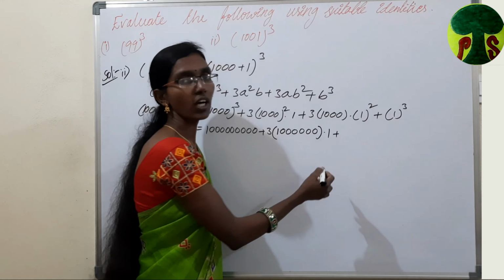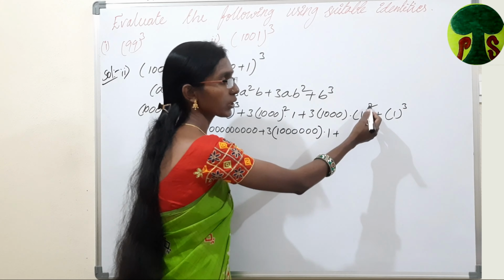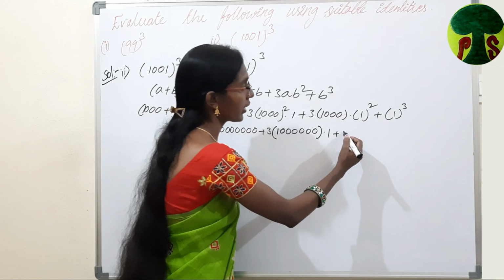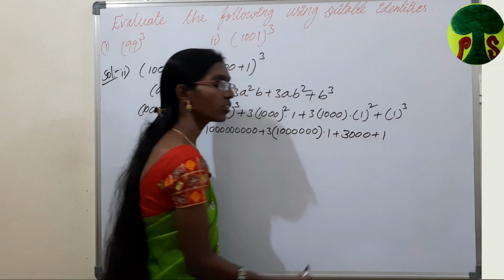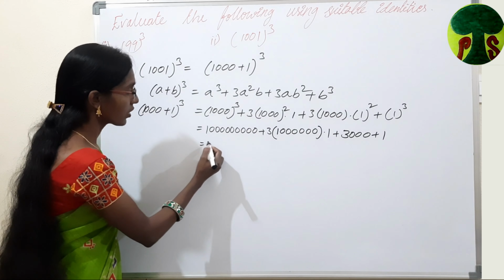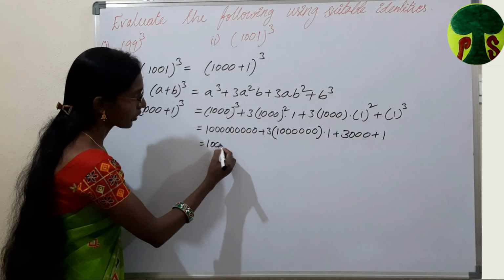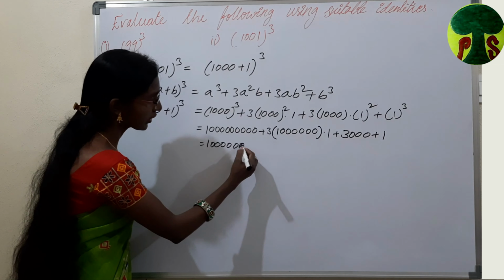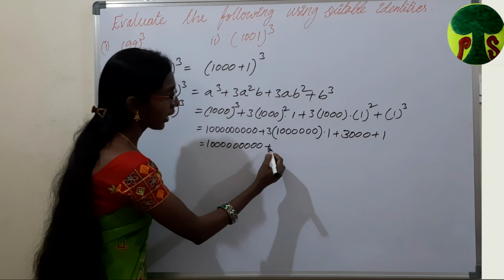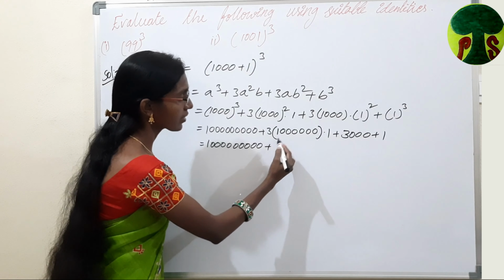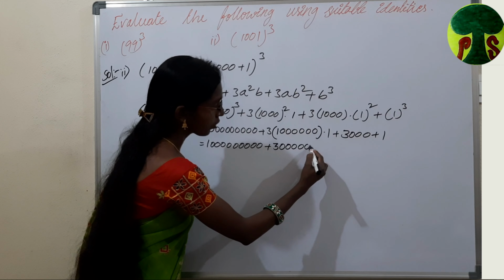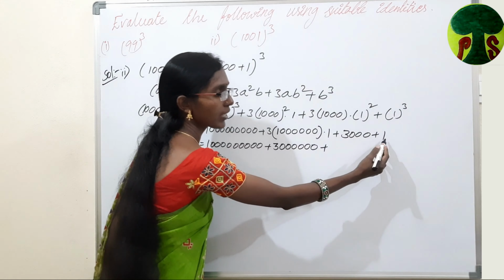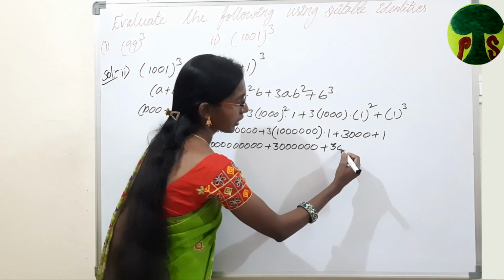Plus 3 into 1000 is 3000. 1 square is 1, so 3000 into 1 is 3000, plus 1 cube, which is nothing but 1. So after that, 9 zeros, plus 3 into 1 is 3, so after 3 we have to write 6 zeros, plus 3000 plus 1 is 3001.